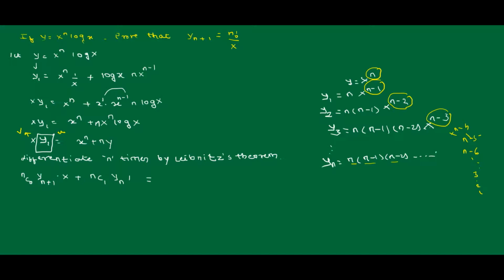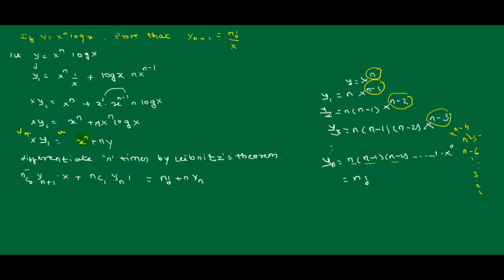So this is 1 into x raised to 0 at last you will get. And this one you can write simply as n factorial. So the nth derivative of this x raised to n is equal to n factorial. Then plus n into what is the nth derivative of this y? The nth derivative of y is equal to yn.